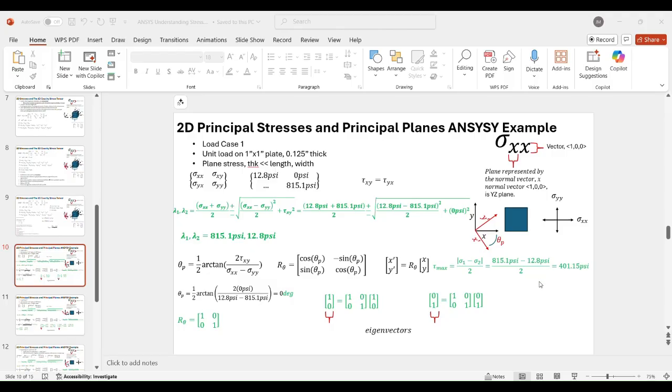And we calculated the maximum shear stress as 401.15. So it's a little bit off from the ANSYS results. But we did confirm that our max principal stress was 815.1 and the minimum was 12.8.